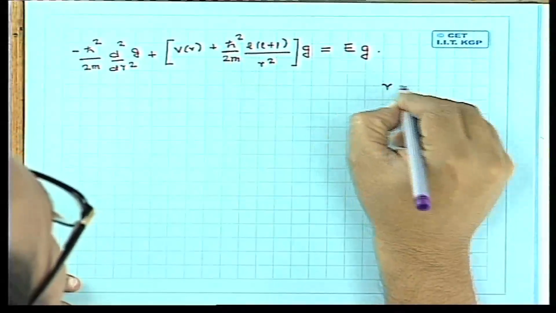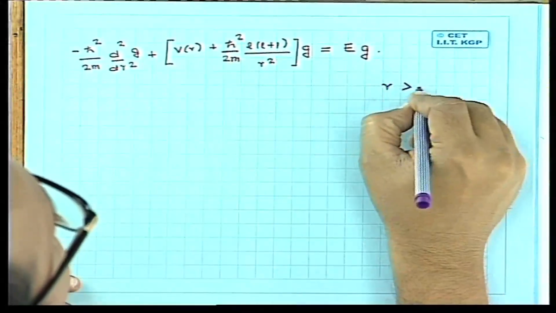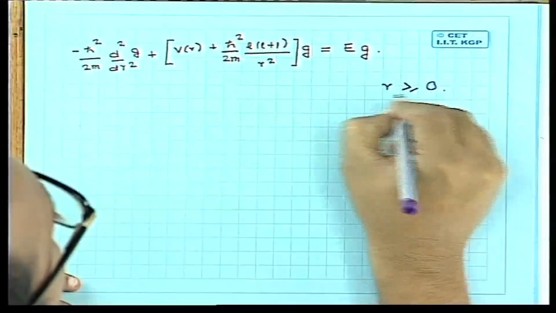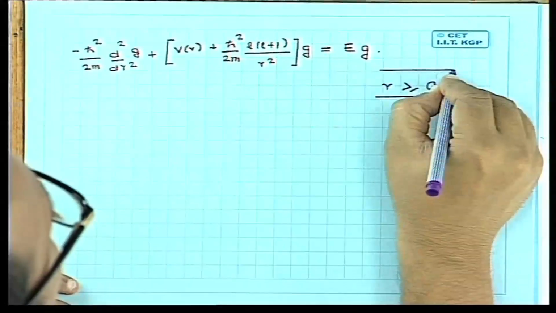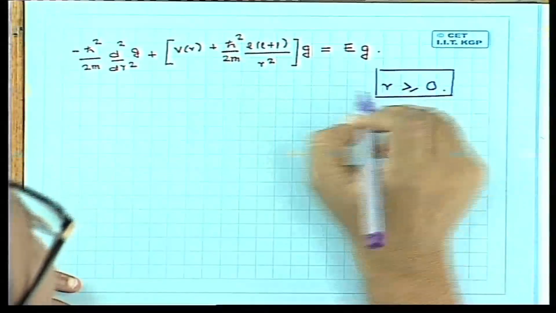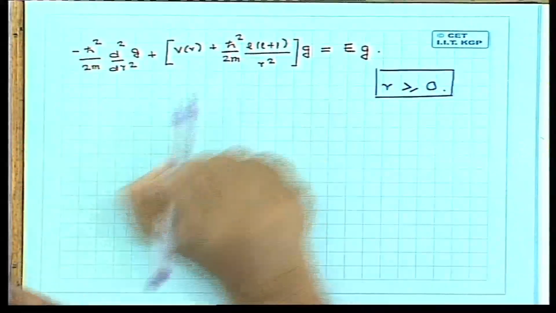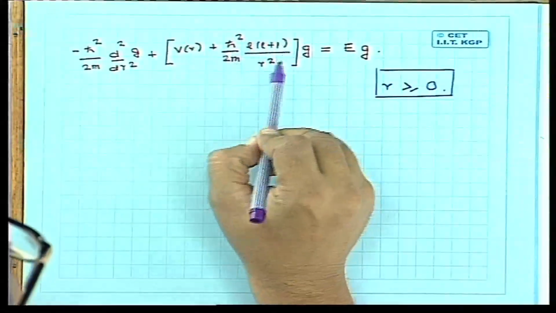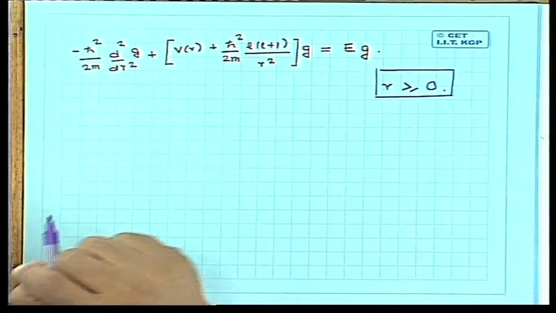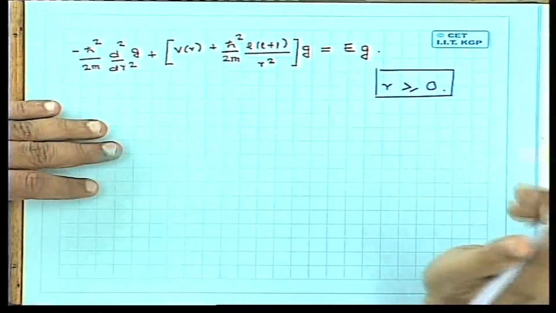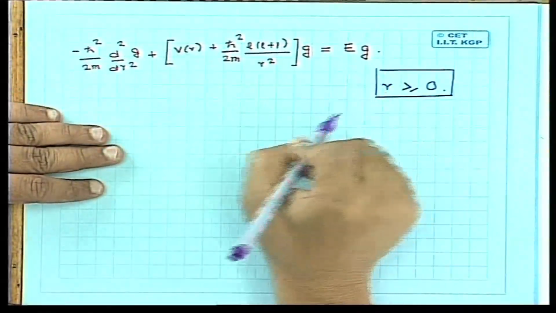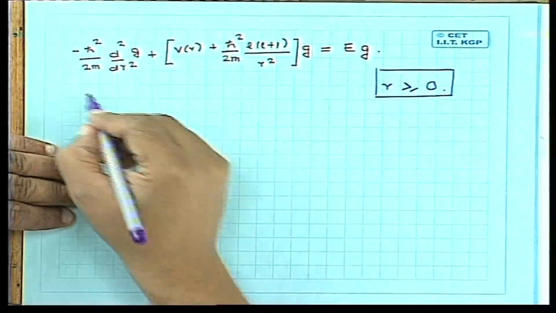r is restricted to being greater than or equal to 0. So you can think of the potential being infinite for negative r, and it has this value for positive r. So the 3-dimensional problem gets reduced to this 1-dimensional potential problem.